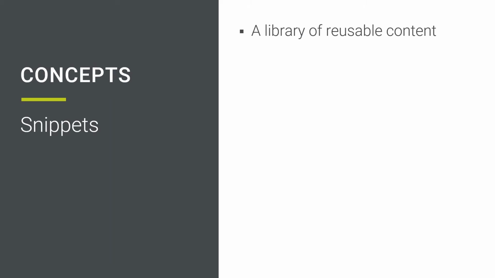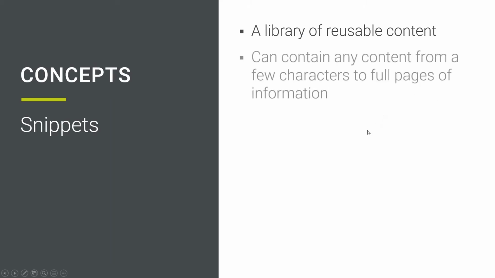So that's what snippets are really meant for. I need a chunk of reusable content. It just does not meet the threshold of being a full topic. So that means that a snippet can be as large or small as necessary. I can have a snippet that's just a few words. I could have a snippet that was half of a page.